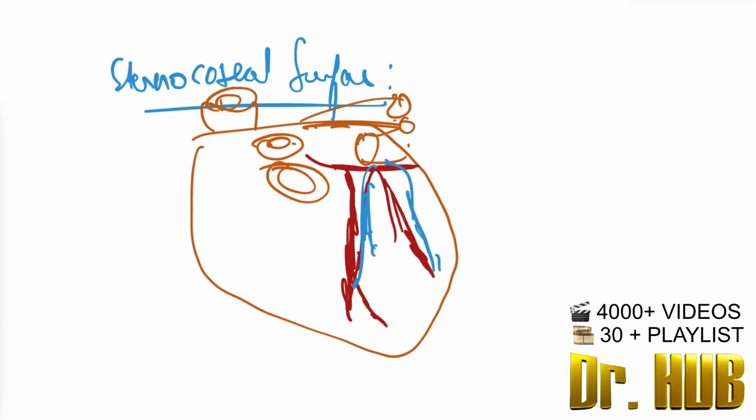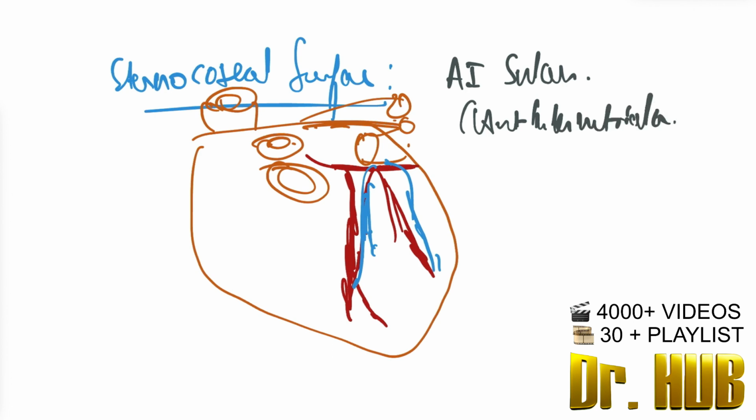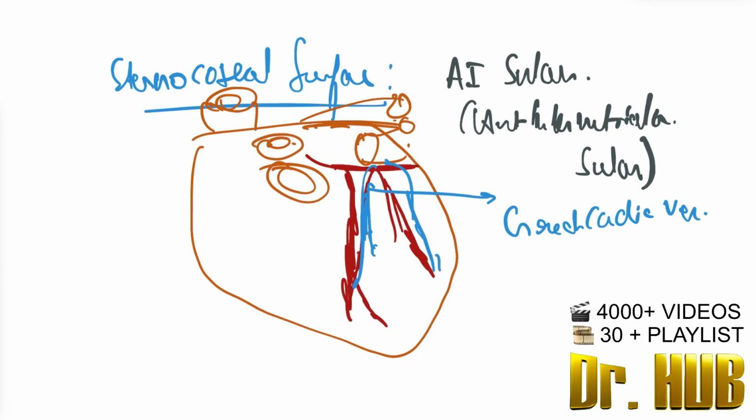Okay, so there is the anterior interventricular sulcus. The anterior interventricular sulcus includes the presence of the great cardiac vein, and then there is an anterior interventricular branch.